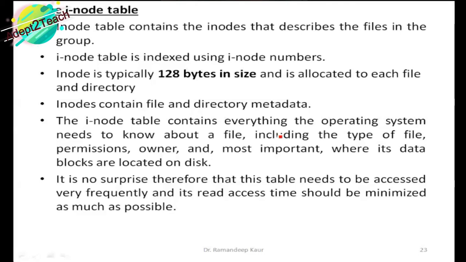So for everything you are storing in your Linux system, everything would be treated as a file, and every file will have a unique inode number. And what information we store in that file, we have already seen when we did the inode structure. So what metadata is stored about a file? The name of the file, the type of the file, the owner, what the permissions are, and which block group it is a part of.